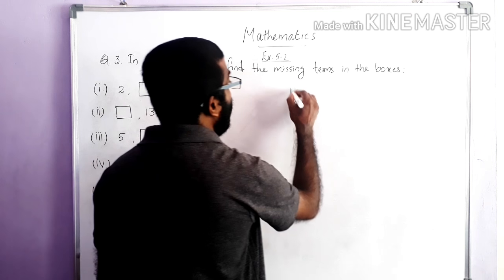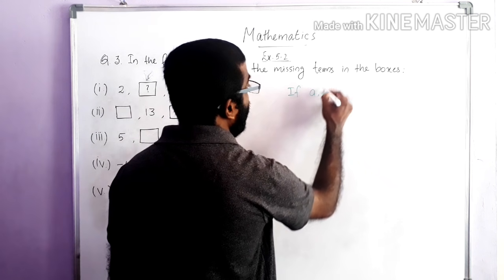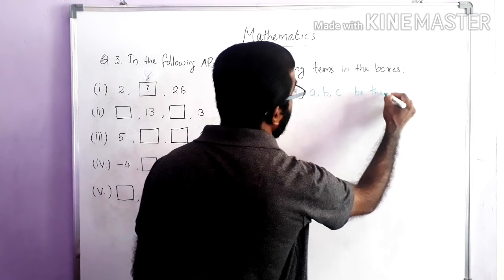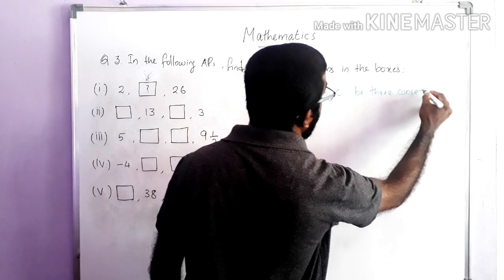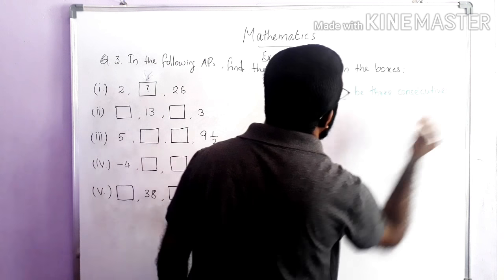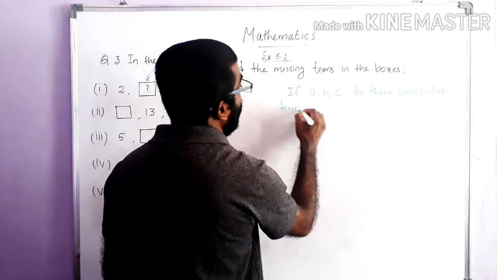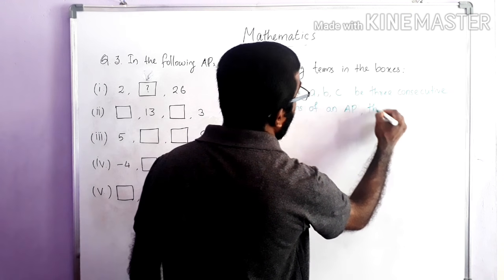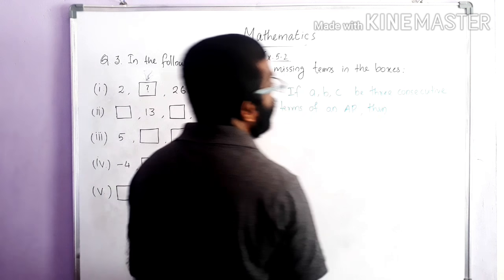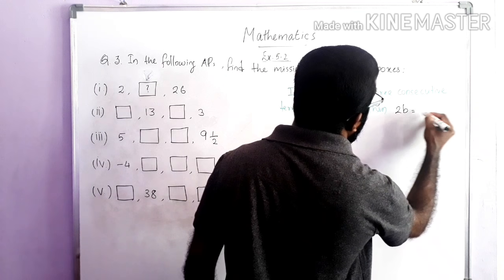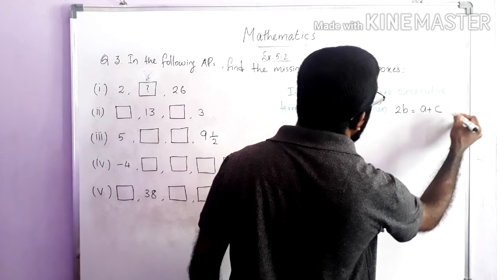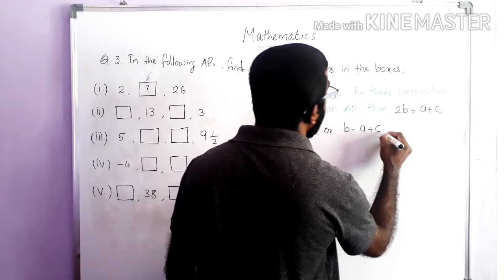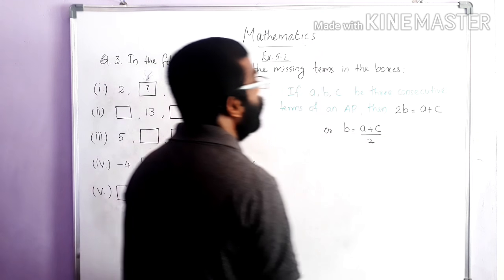If a, b, c are three consecutive terms of an AP, then 2b is equal to a plus c, or b is equal to (a plus c) divided by 2.